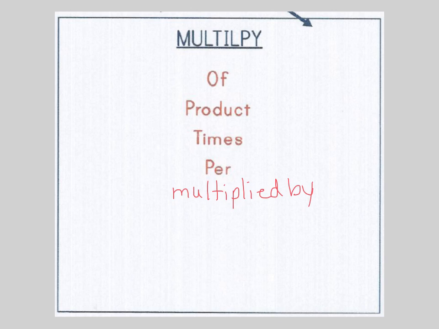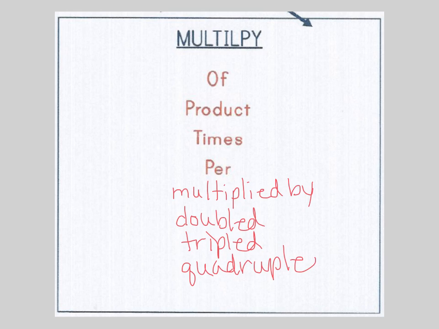We're also going to add the doubled, tripled, quadrupled, and another one that I forgot to leave off the list is the word twice. If it says twice a number, that means you are going to multiply by 2. So this means multiply by 2.